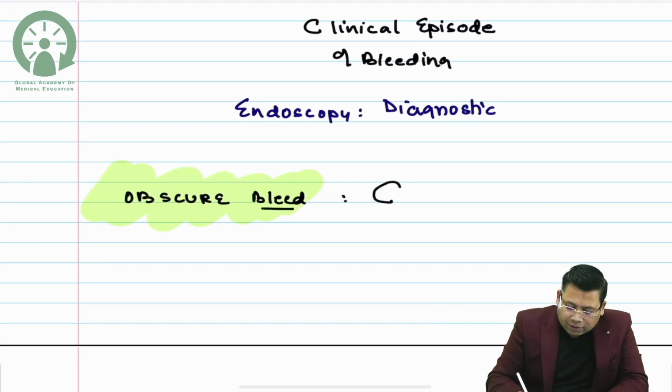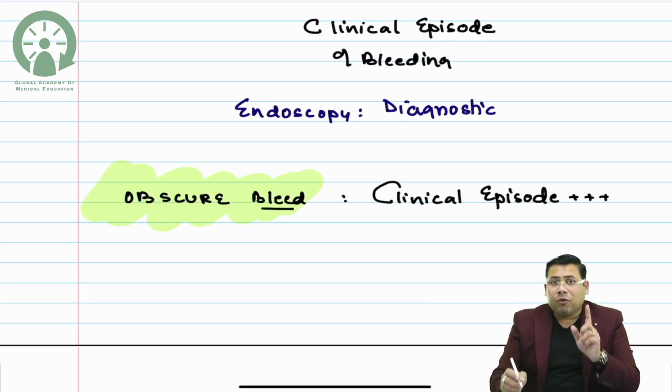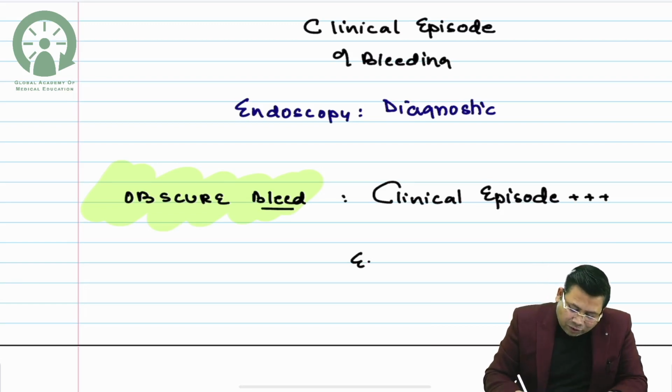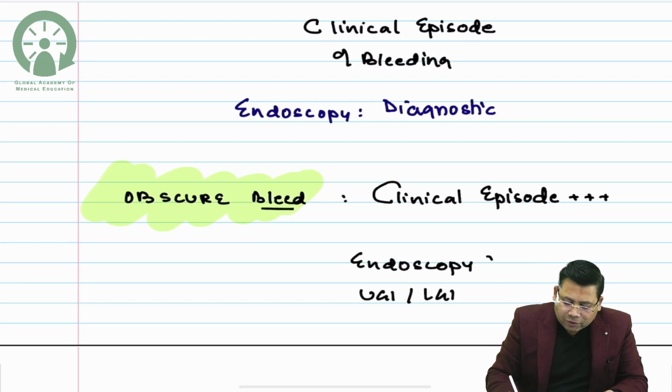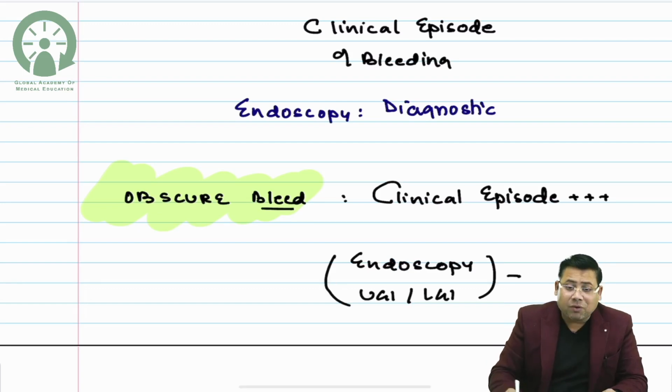Here the clinical episode of bleeding is present. In obscure bleeding, clinical episode of bleeding is present, but the endoscopy, generally, it may be upper GI endoscopy or lower GI endoscopy, they are usually negative.